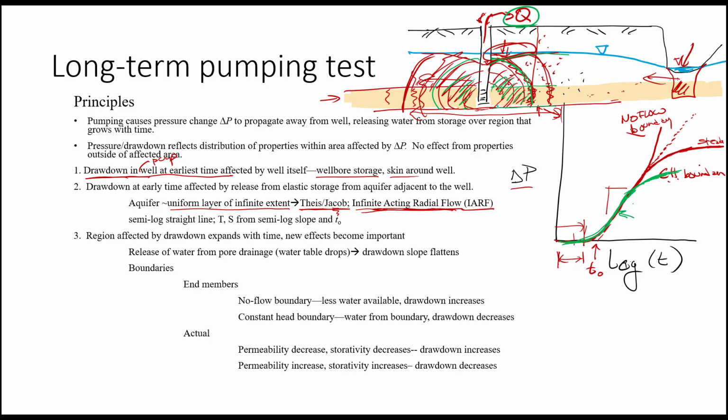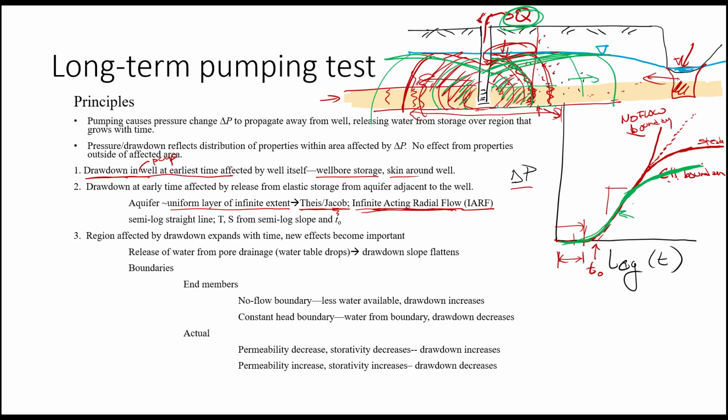But what's going to happen then is this drawdown is going to keep progressing out, and we'll have more drawdown of the water table. That's going to release water from storage, but we're going to continually have to expand this region and have more drawdown to release water from storage to pump it out. So the slope will flatten, but it'll never get to be horizontal, never get to be constant, because we're going to continually need to have more water released from storage.